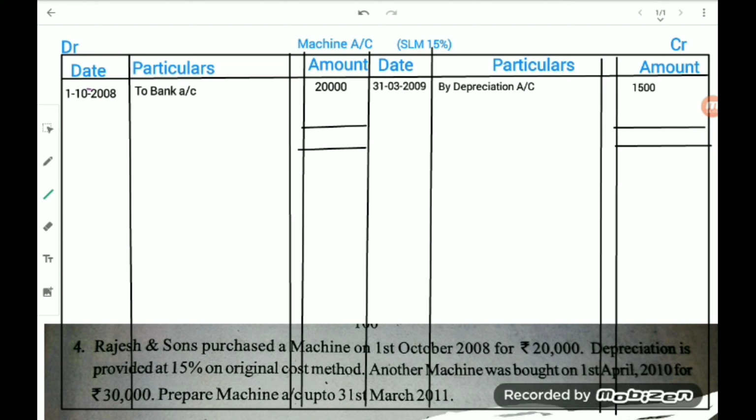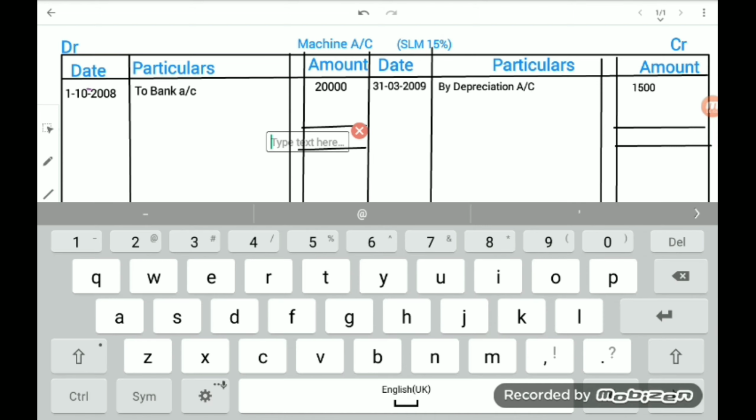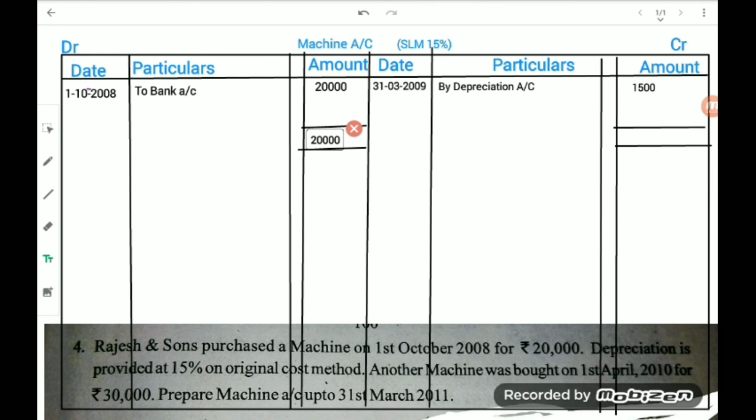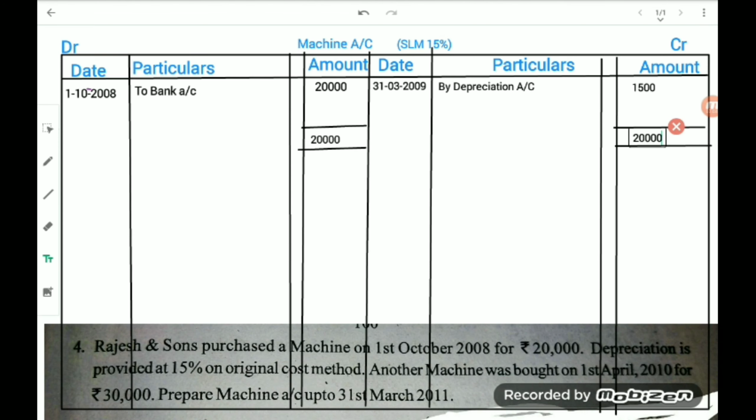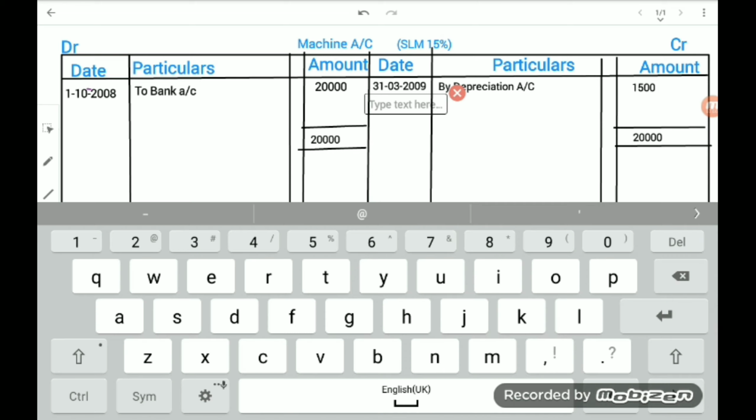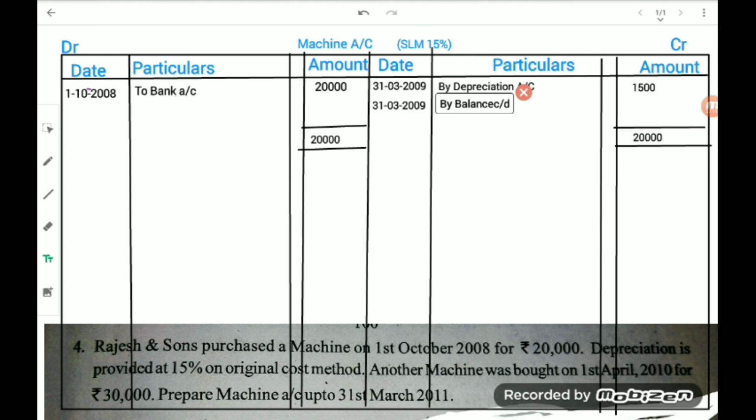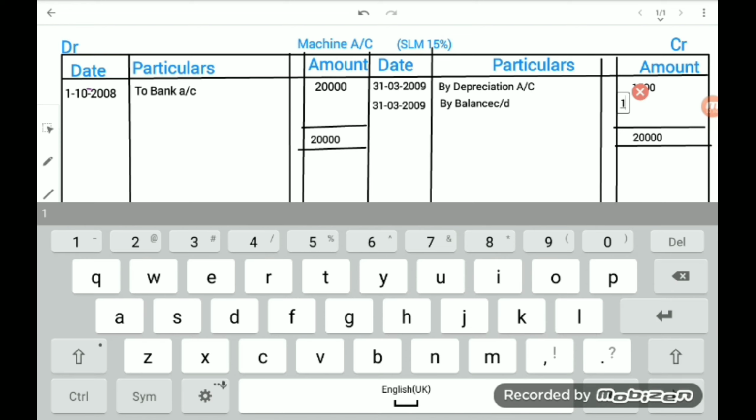Now the balancing figure. See here, on the left side we have 20,000. Here also 20,000, tallying. The difference is 20,000 minus 1500, on the same date, 31st March 2009, the remaining balance carried down, that is 18,500.